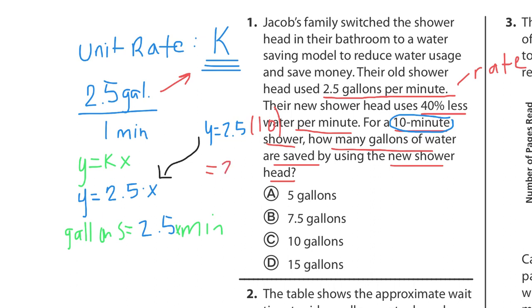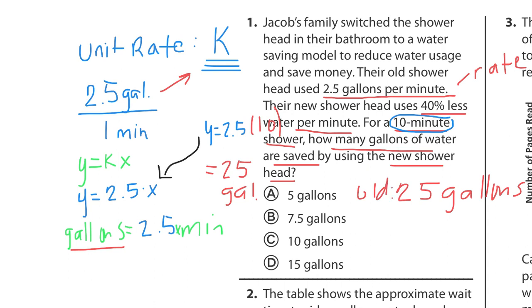And that gives me 25 gallons. So we have 25 gallons is the amount of water that comes out of the old shower head.